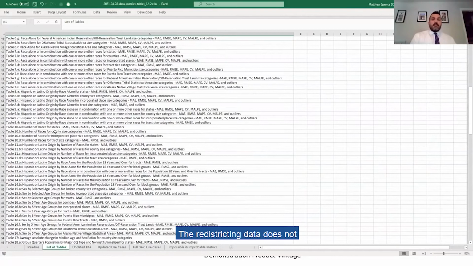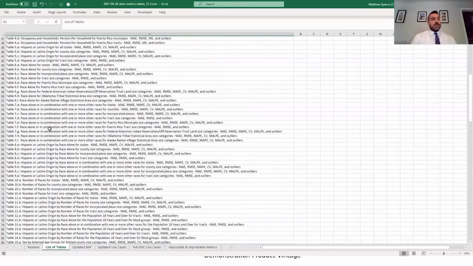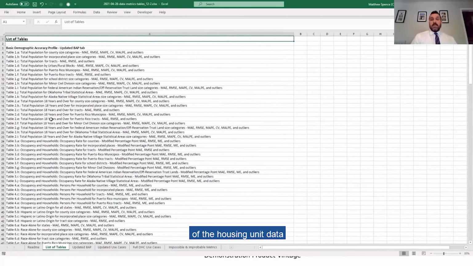The redistricting data that these demonstration data are based on do not include single year of age or sex. They include voting age population, but they don't include the detailed age. We also don't include a lot of the housing unit data or family relationship data. Those data will be released in a later release as part of the DHC, and those are coming later. But first, we're doing the PL.